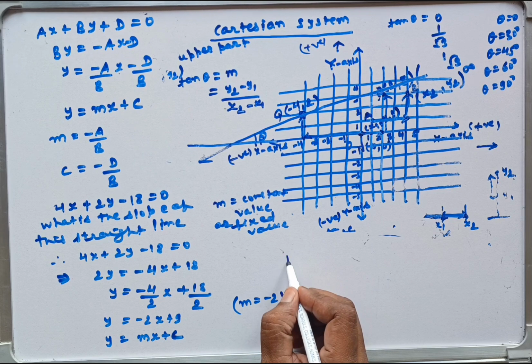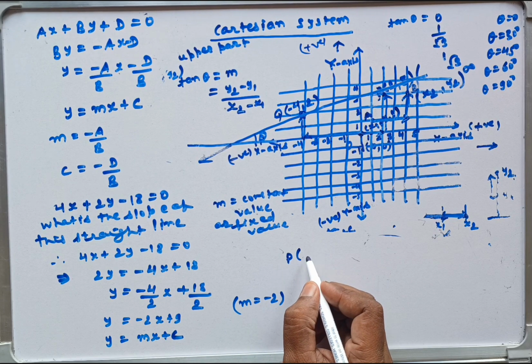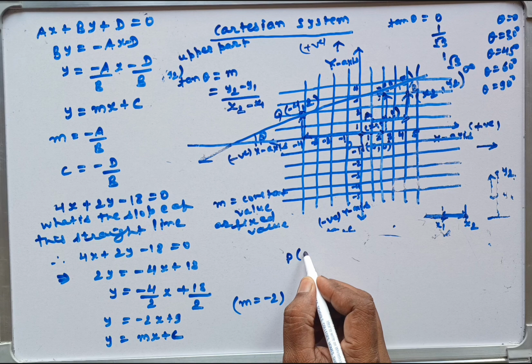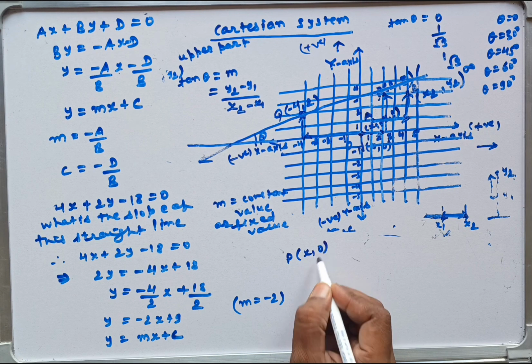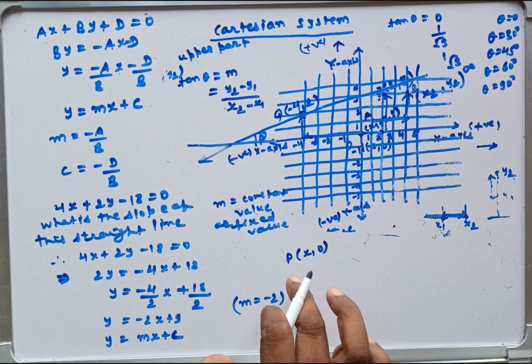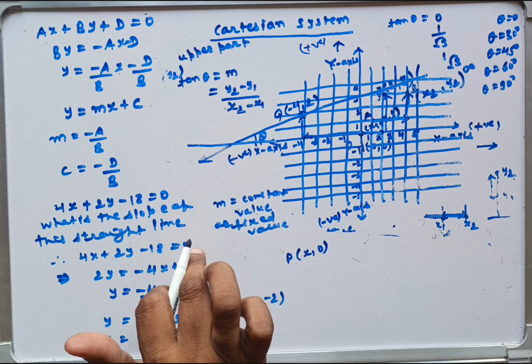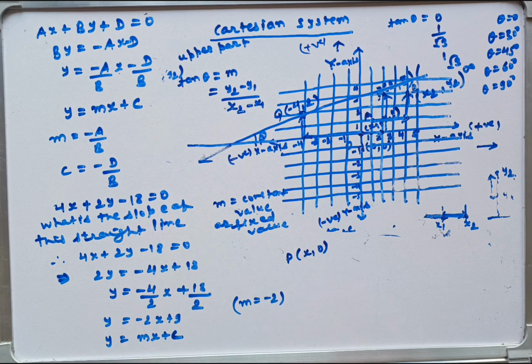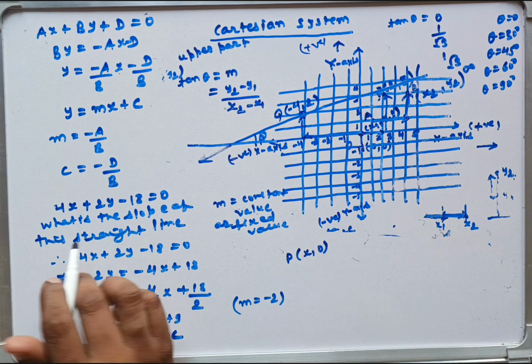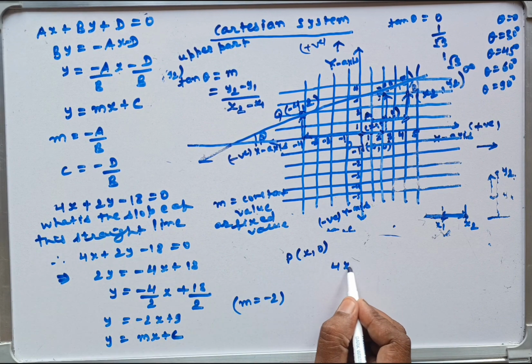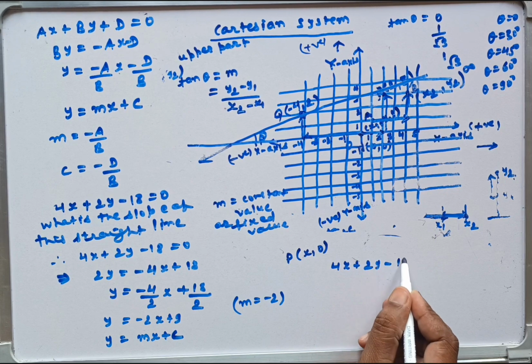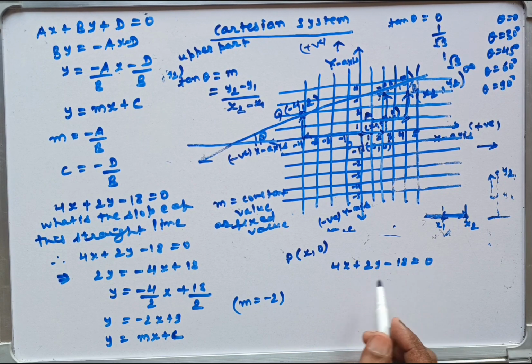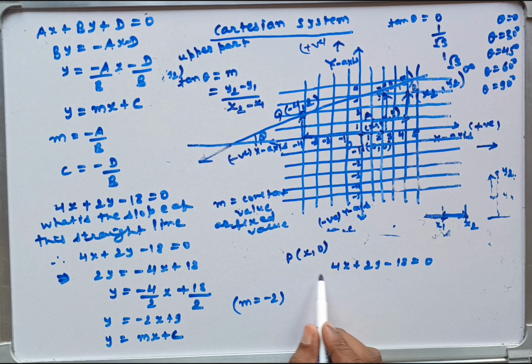Suppose somebody asks you where this straight line cuts the x-axis. Suppose this line cuts the x-axis at the point x comma 0, then this point must lie on the line. So we write 4x plus 2y minus 18 equals 0. If this point is lying on the straight line, then it must satisfy the equation.